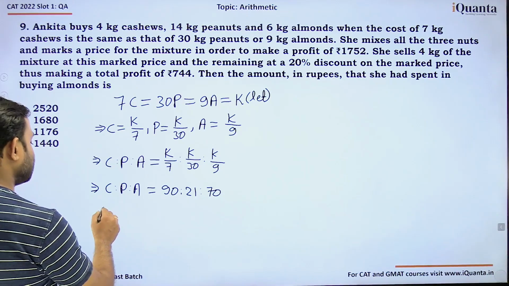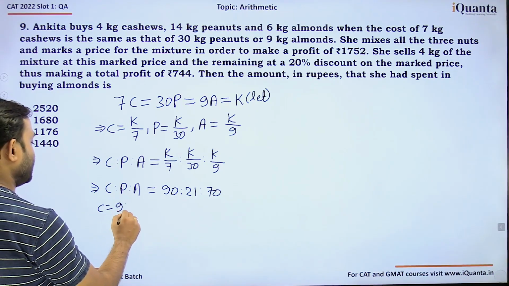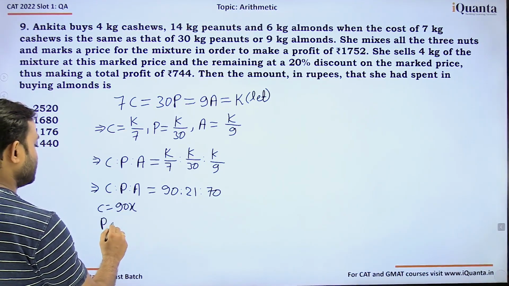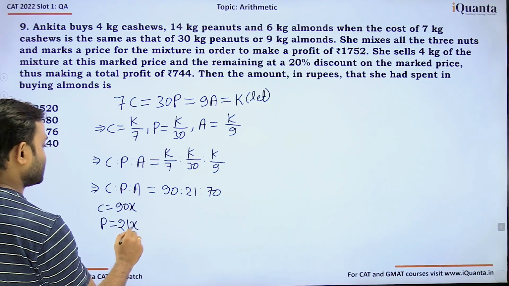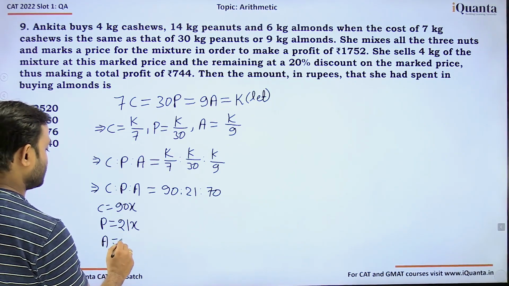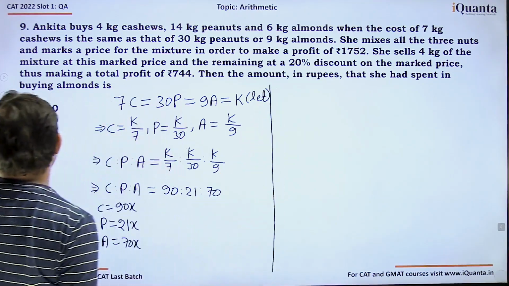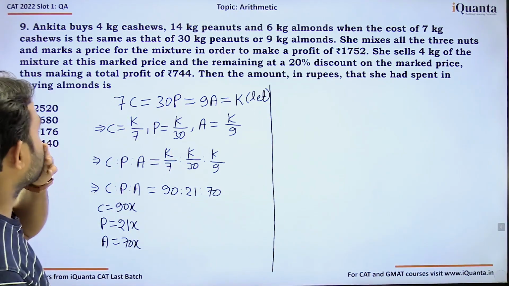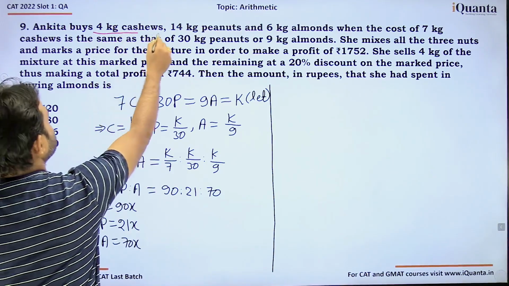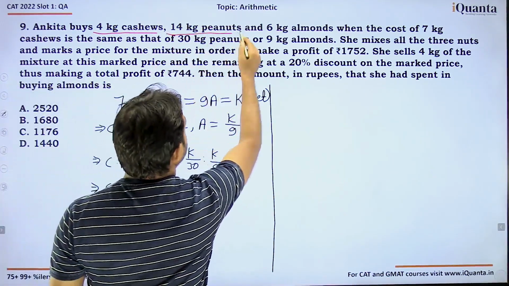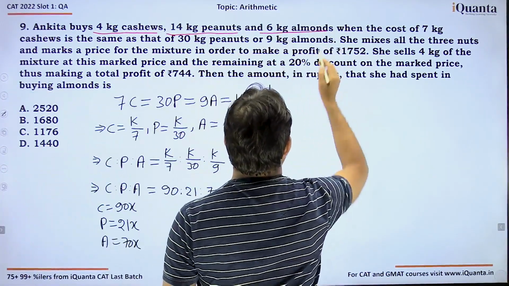So let's say C is equal to 90x, P is equal to 21x and A is equal to 70x. So what will be the total cost price? We know there are 4 kg of cashews, 14 kg of peanuts and 6 kg of almonds.